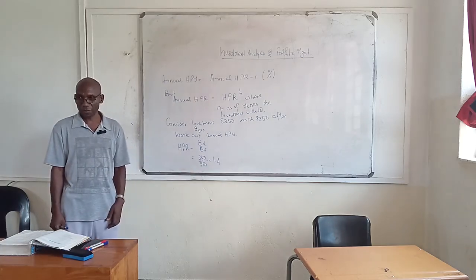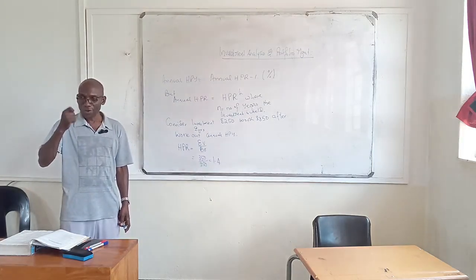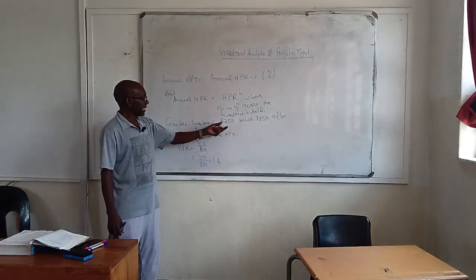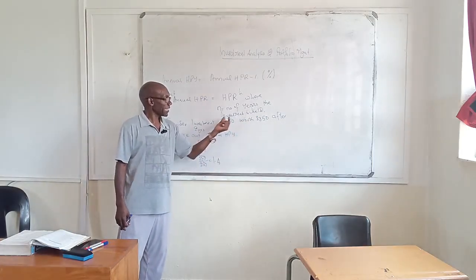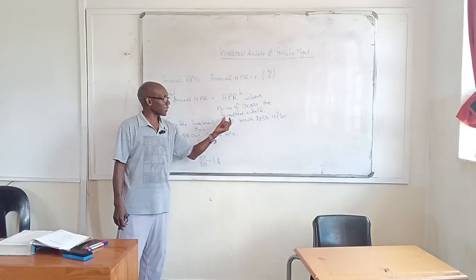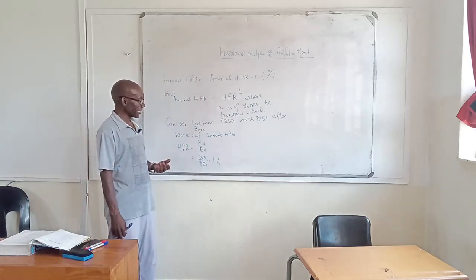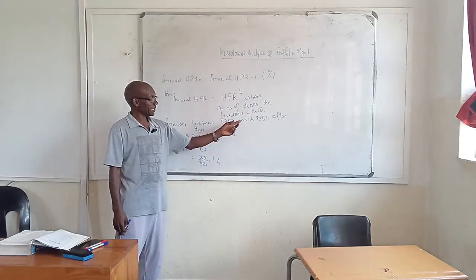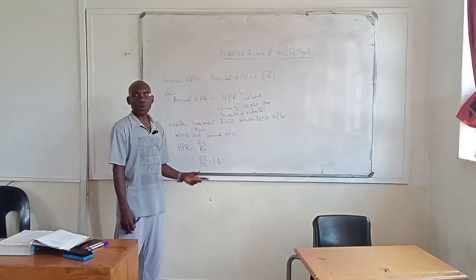Now see, you make a decision from this 1.4. What does that mean? It means you invested this, you got 350, and the difference is about 100. Your HPR is 1.4.